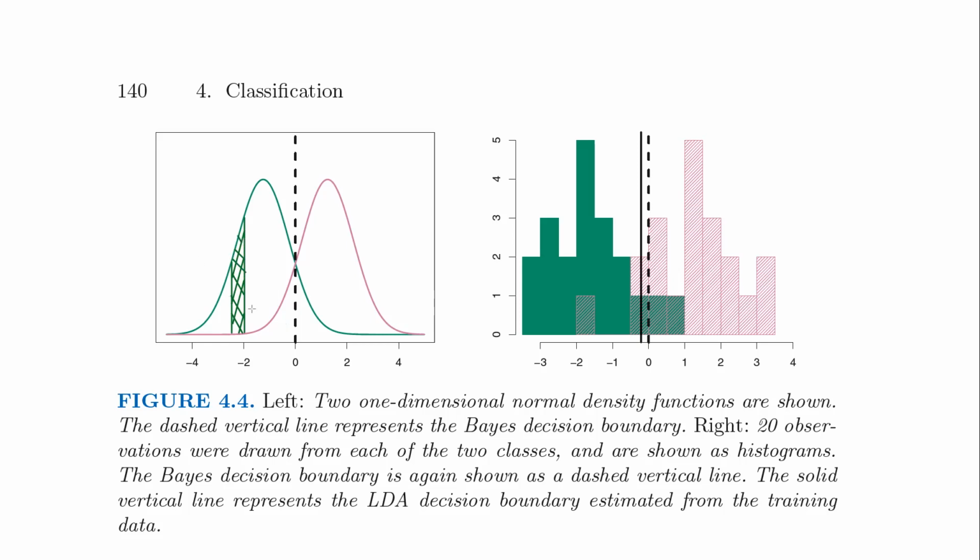This region represents the probability that the predictor variable is between these two values, given that y is k, given that y is this green, or the class represented by this green.